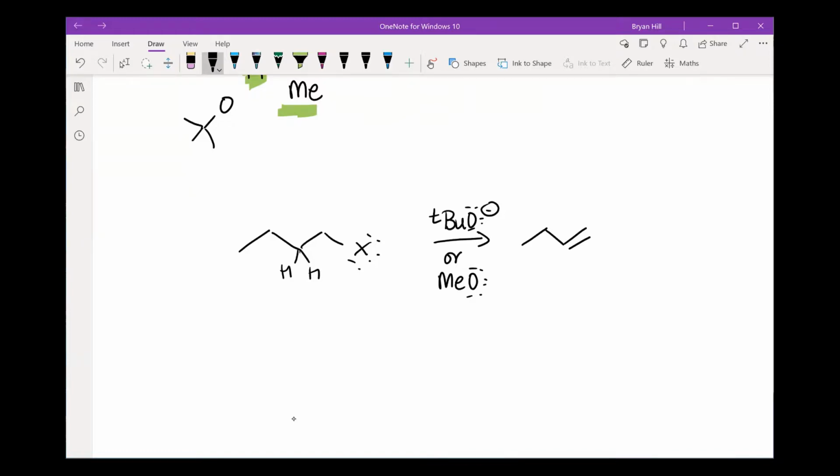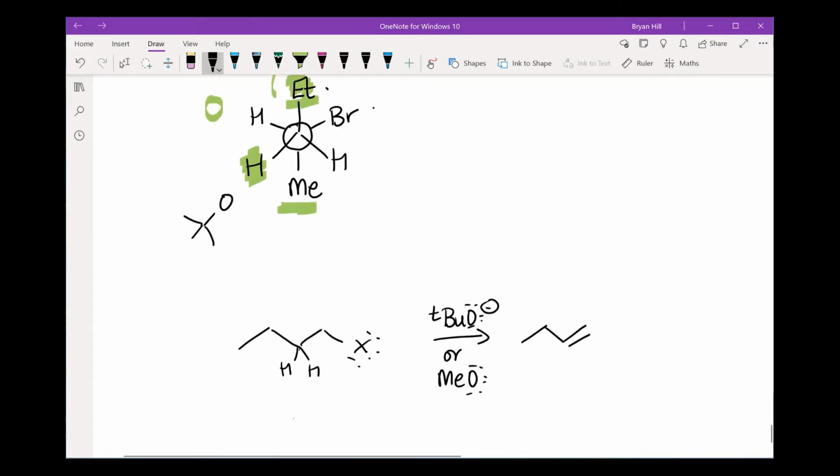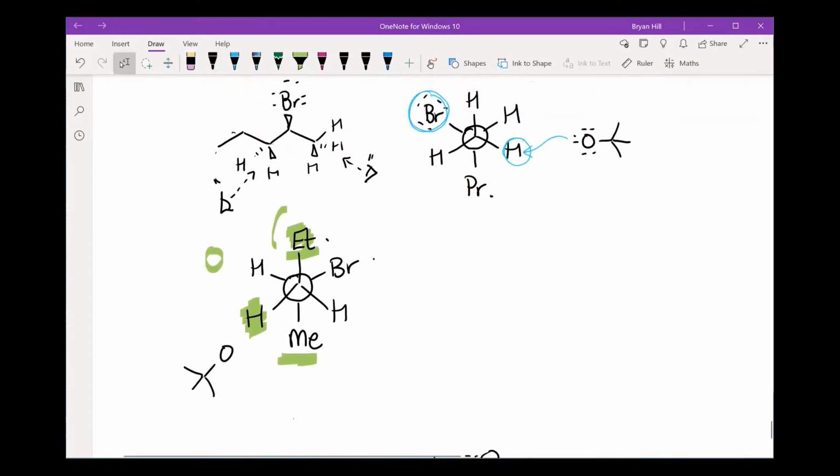Okay. Now the hard part to all of this is how do I know when I've got a base and how do I know when I've got a nucleophile? And so I guess I should stop and ask, are there any questions so far?